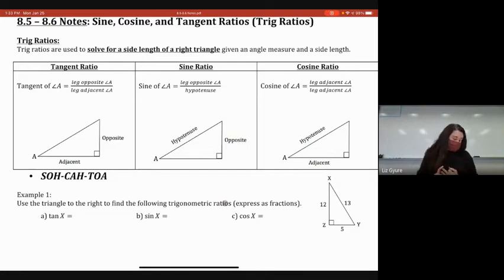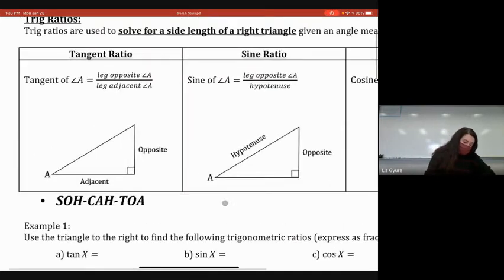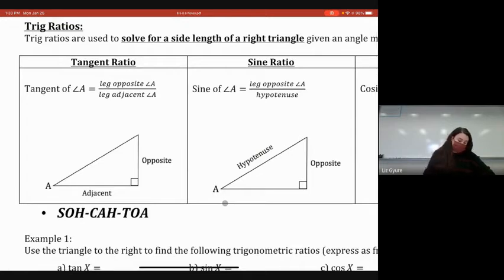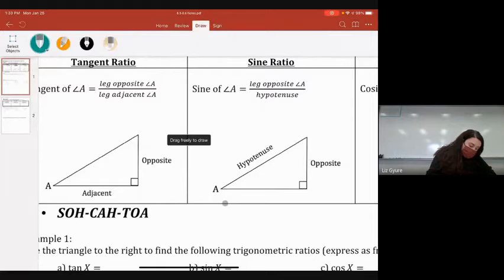So let's take a look at the tangent ratio first. This is all done with respect to an angle in your right triangle. Not the right angle, because all of them are going to have that. So these ratios are all done with respect to one of the acute angles in your triangle.